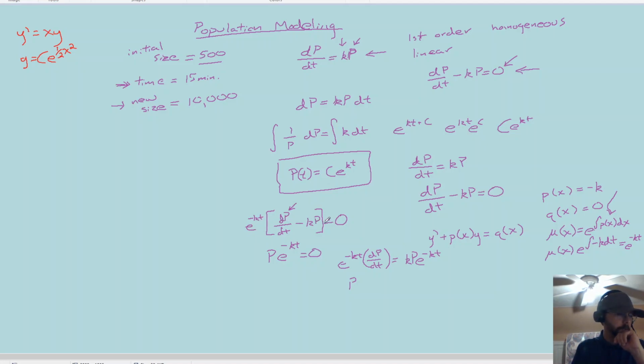Sure, that's right. But maybe you can't do it when this side equals 0, because when I multiply by e to the negative kt, I'm going to get 0. And this should be e to the negative kt.